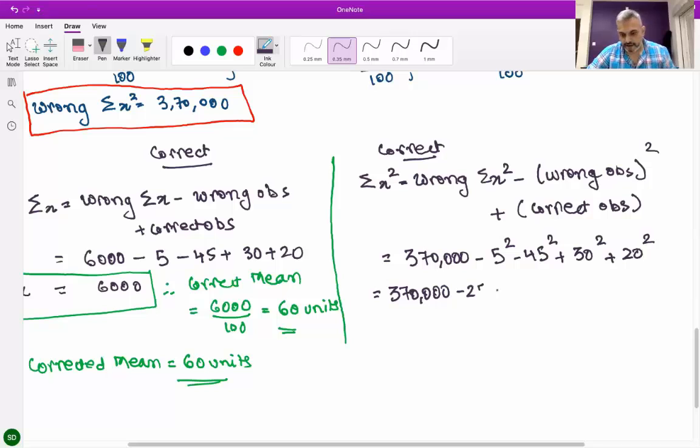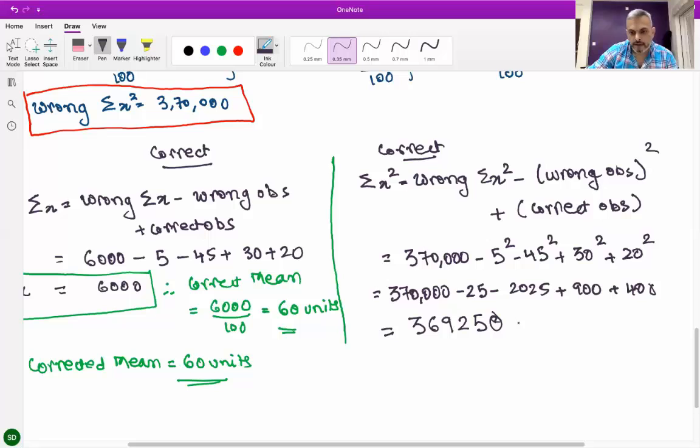Minus 25 minus 2025, plus 900 plus 400, which comes to 369250. This is your correct sigma x square.